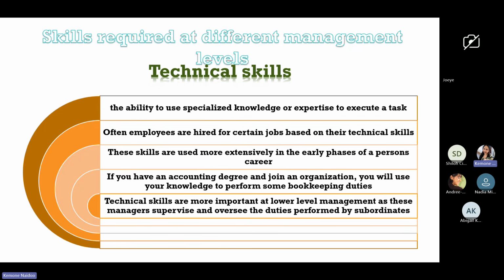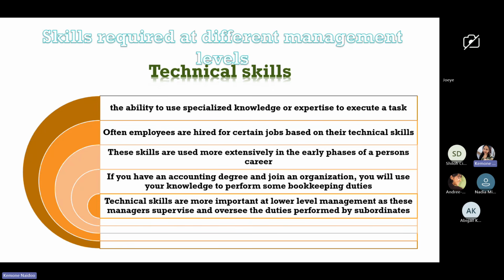So technical skill, for example, you're looking at specialized knowledge or like an expertise in how to execute a task. So maybe there's a specific software that not everyone in the organization knows how to use, but maybe someone in the technological environment knows how to use it. That's having specialized knowledge.